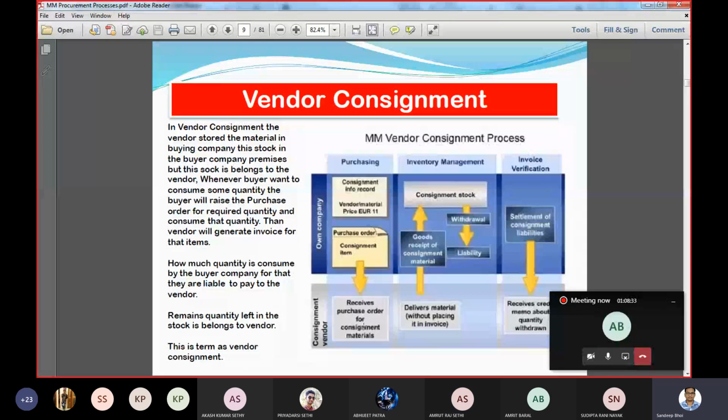The consignment vendor is the owner of the consignment stock that is still available. But whatever your company has consumed, or whatever you have paid for, that much of the consignment stock only your company owns. So that is the concept of vendor consignment. I hope all of you have understood this vendor consignment concept, right?